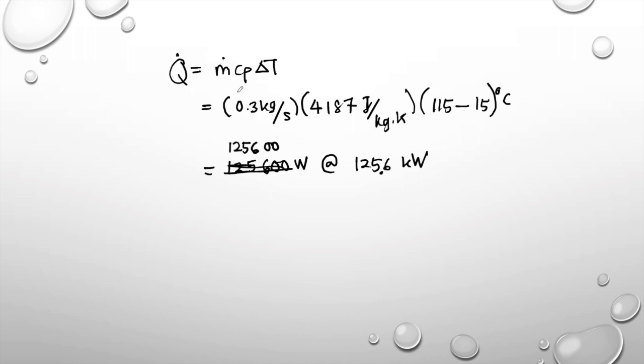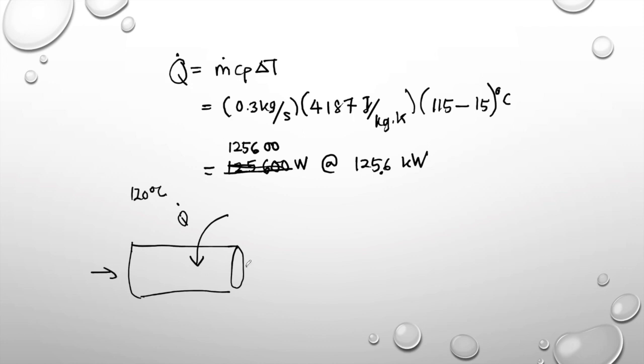Okay, it is actually Q heat that has been transferred from outside to the system. So in this figure, we know that the Q has been transferred from the surrounding at 120 degrees to this system. So we have T exit and T inlet.